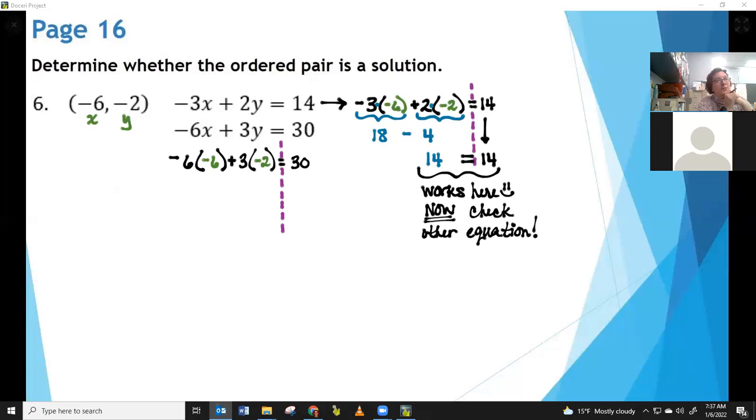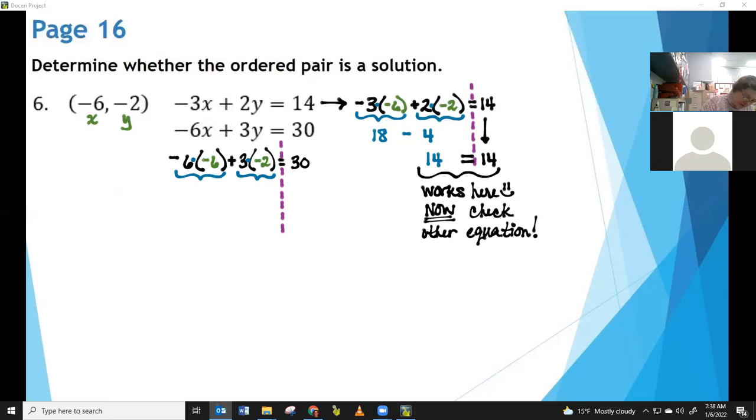What do I get on the left? When I do these two multiplications, what do I get? Tell me each piece. I want to write down the addition or subtraction problem here.